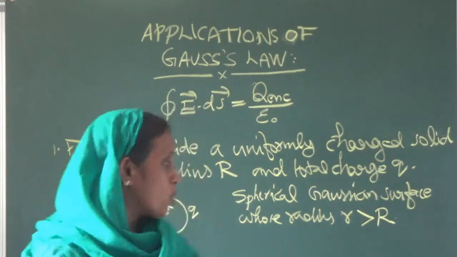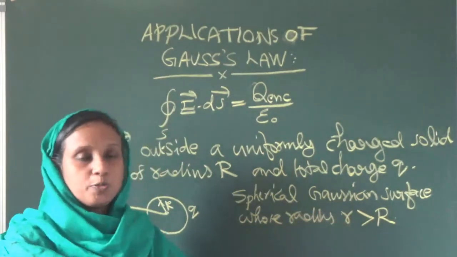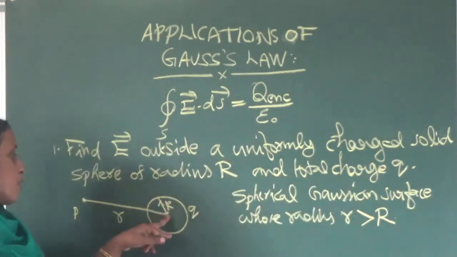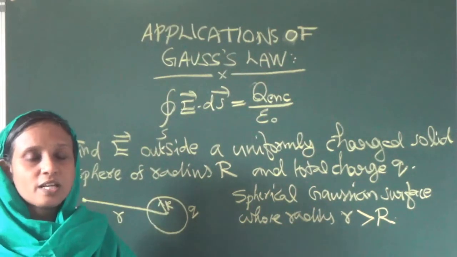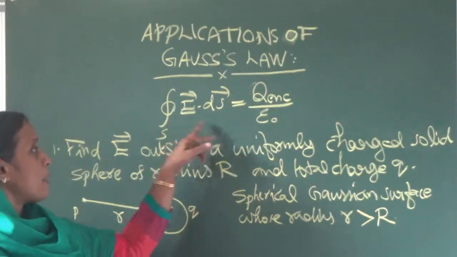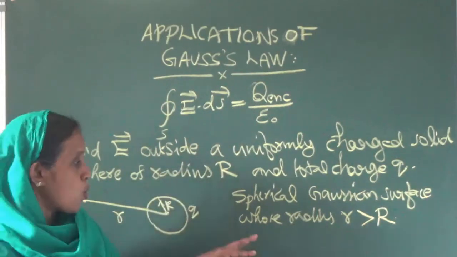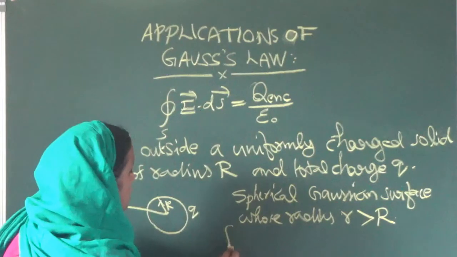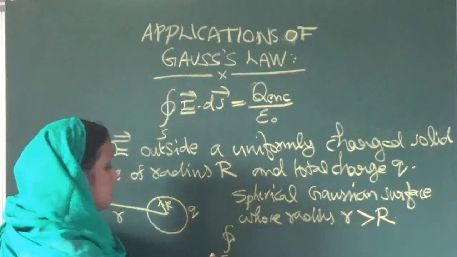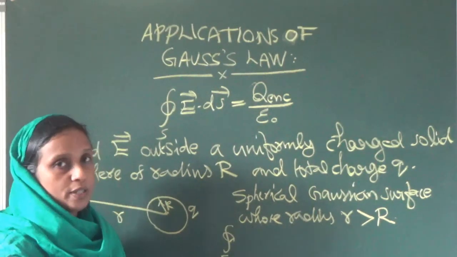This Gaussian sphere has radius small r, the distance from the center to this point P. Now we can apply Gauss's law on this Gaussian sphere. Here the closed surface means the Gaussian sphere.